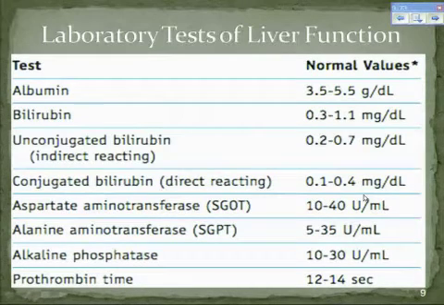If you see that your unconjugated bilirubin is going up, but your conjugated portion is not, that means that there's something wrong with actually converting the unconjugated lipid-soluble material to a conjugated form. Okay, so it could be a disease process in the liver itself. Okay?